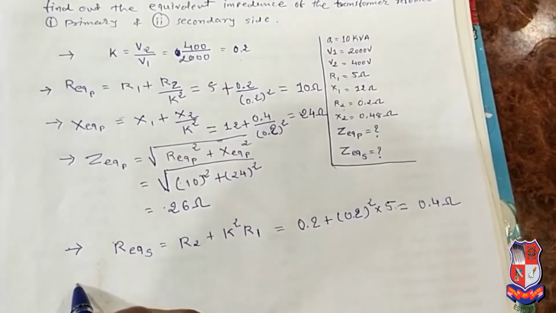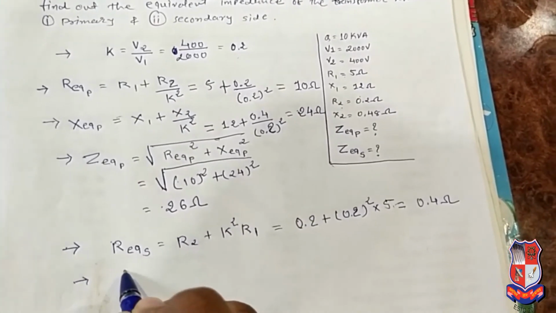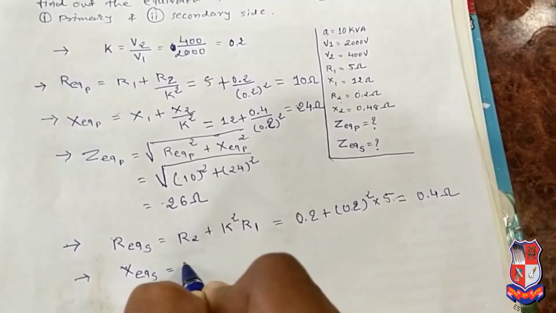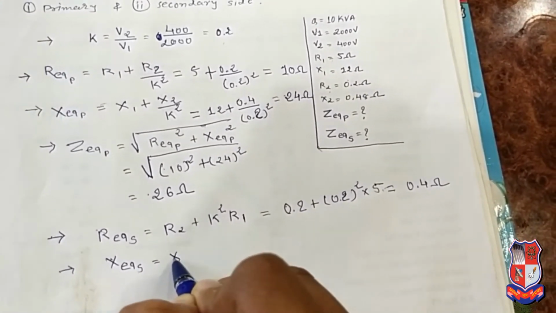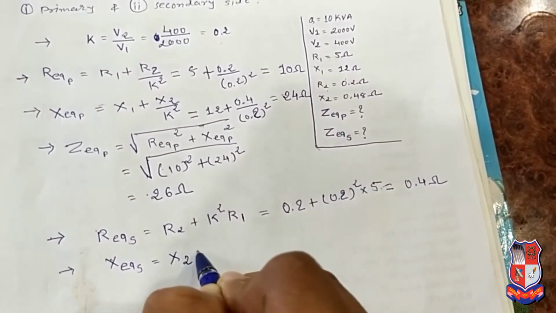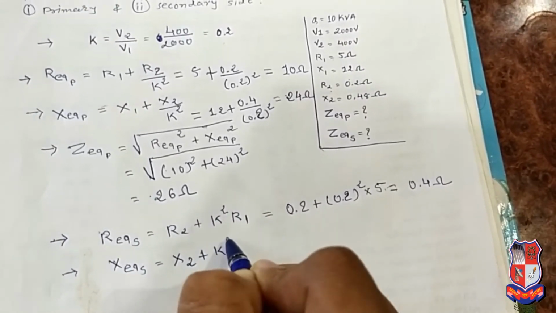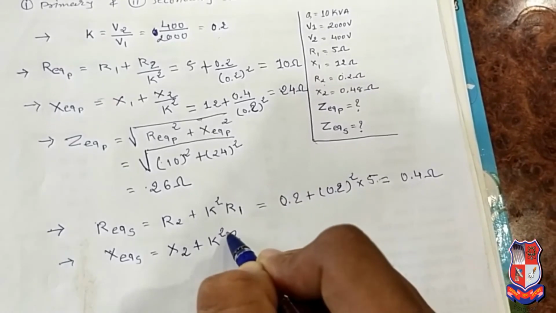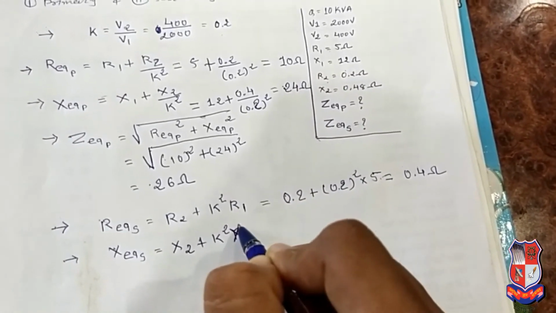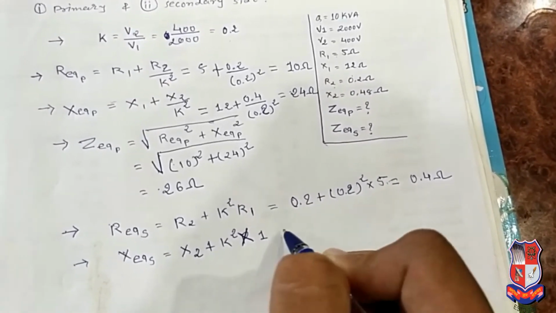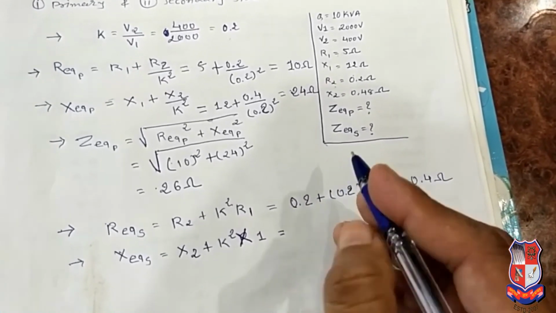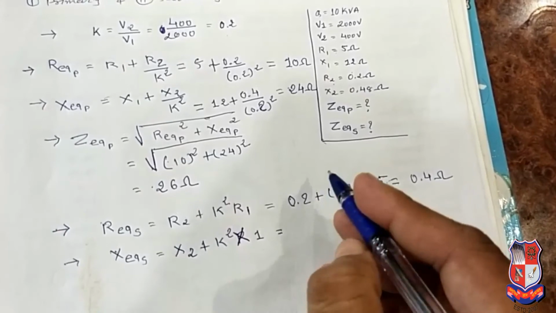Next, X equivalent of secondary, X2 plus K square X1. Now we put the values and we get the answer.